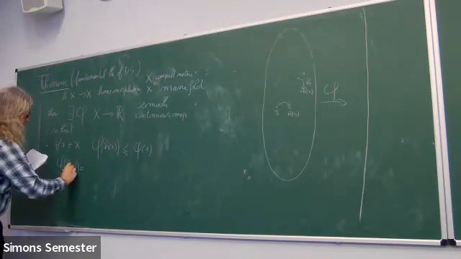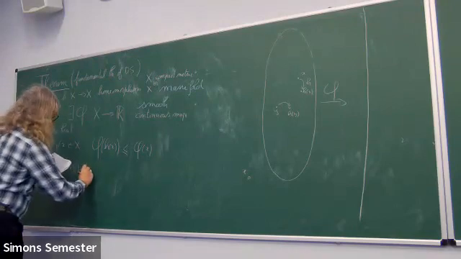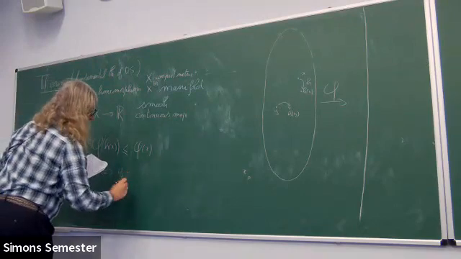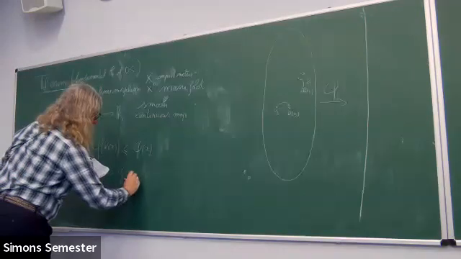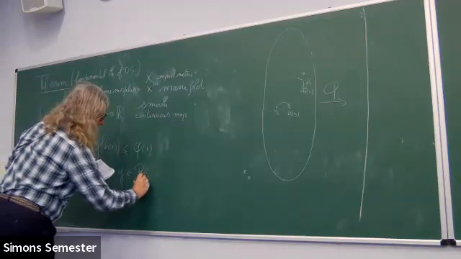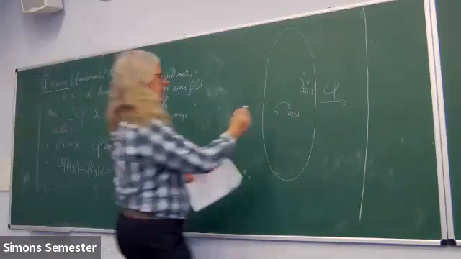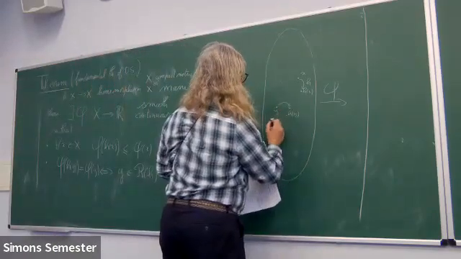So let's put y, as I put a y in my picture, with phi of h of y equal to phi of y. That is equivalent to the fact that y is chain recurrent. Okay. This one is because y is chain recurrent.